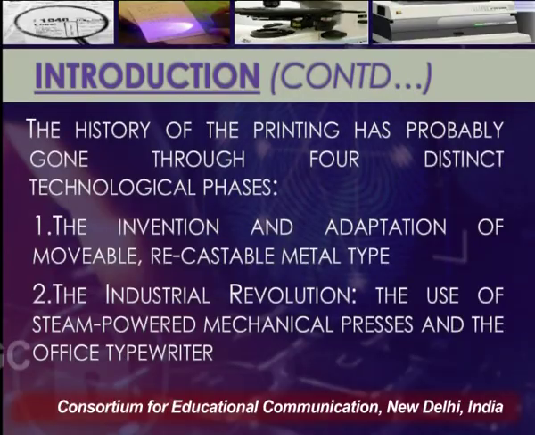If we talk about the history of printing, it has probably gone through four distinct technological phases. Firstly, the invention and adaptation of movable recastable metal type. Secondly, the industrial revolution, the use of steam-powered mechanical presses and the office typewriter.